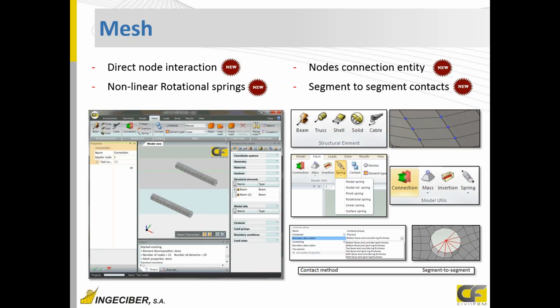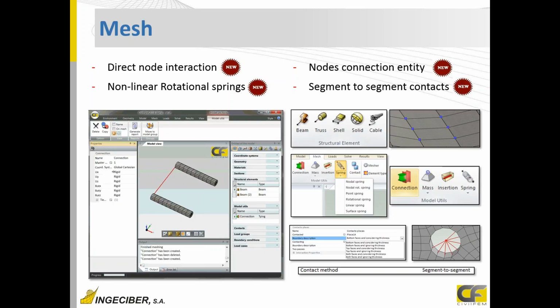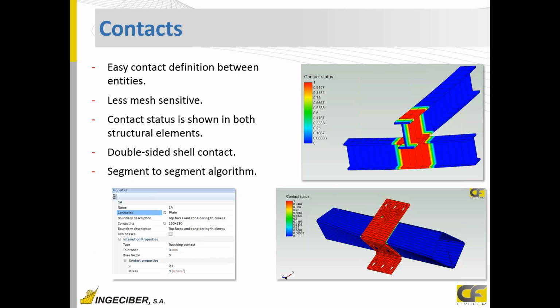For contacts as well, we implemented a new algorithm coming from our solver, which is the segment to segment. As well, we have masses and insertion tool, which were defined in the previous versions. But for contacts, with this new segment to segment algorithm, the contact process is easier, and it won't depend as much as before on the mesh.